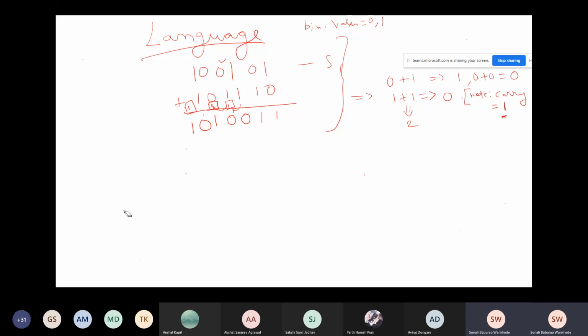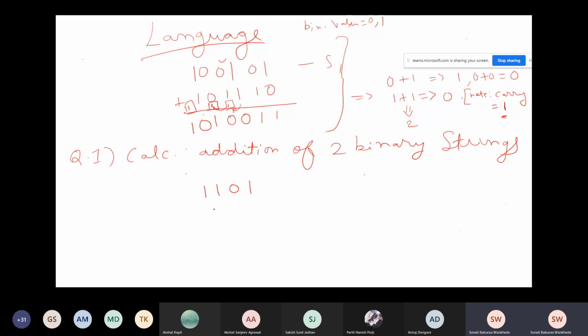Suppose I give you the question: calculate the addition of two binary strings. I give you the values 1101 and 0110. This is my string 1, this is my string 2.